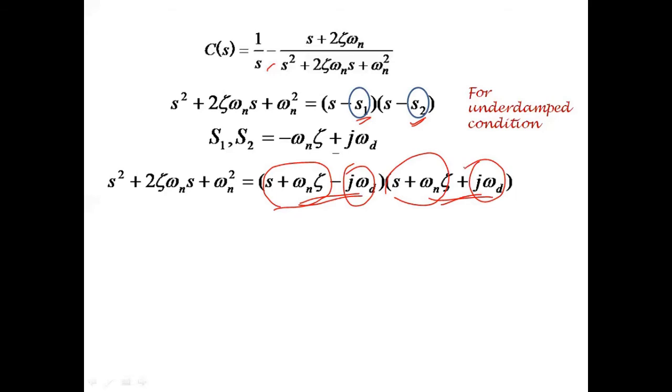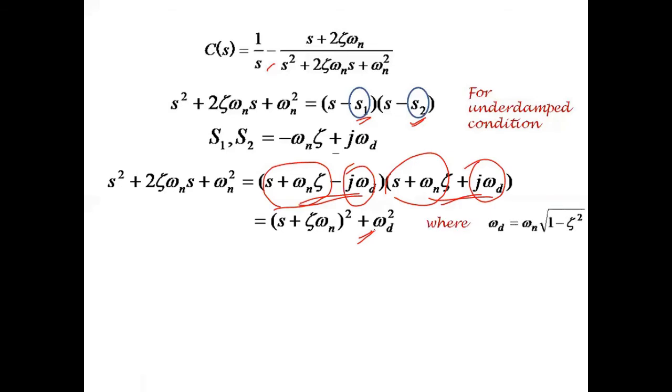So I can further simplify it as a square minus b square, where a is s plus omega n zeta, the whole square, and b is j omega d. So j square will be equal to minus 1, as j is equal to square root of minus 1. Minus into minus becomes plus. So we have the expression here as (s plus zeta omega n) the whole square plus omega d square.